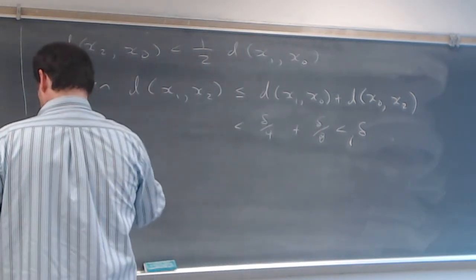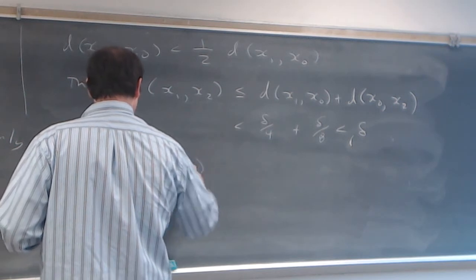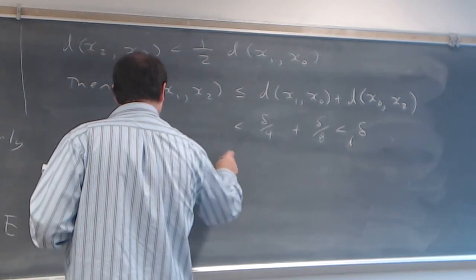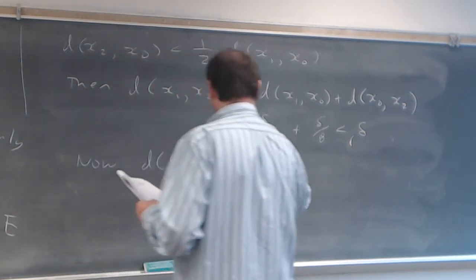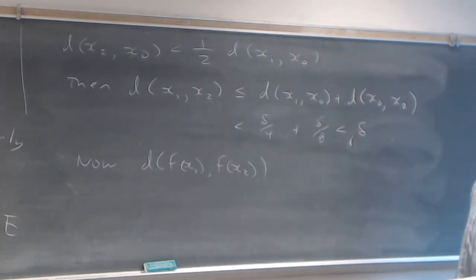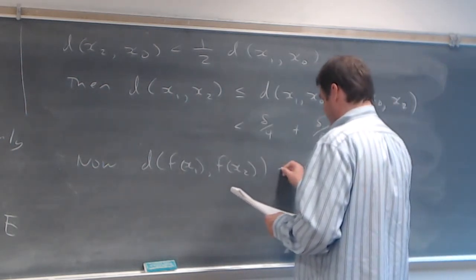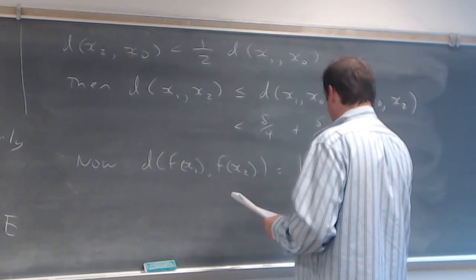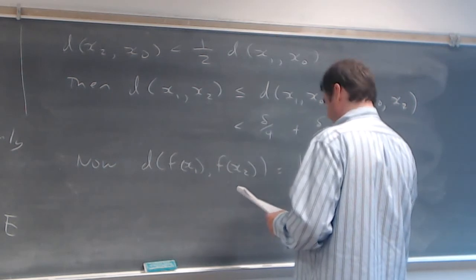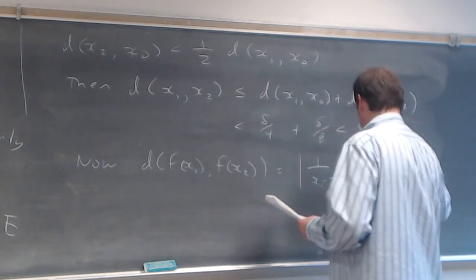Now, the distance between f of x sub 1 and f of x sub 2. Now, remember, we're working in R, so when we say this distance, we mean the usual norm, the absolute value, and the difference between the points inside absolute values. Okay, so that's 1 over x sub 1 minus x sub 0 minus 1 over x sub 2 minus x sub 0.